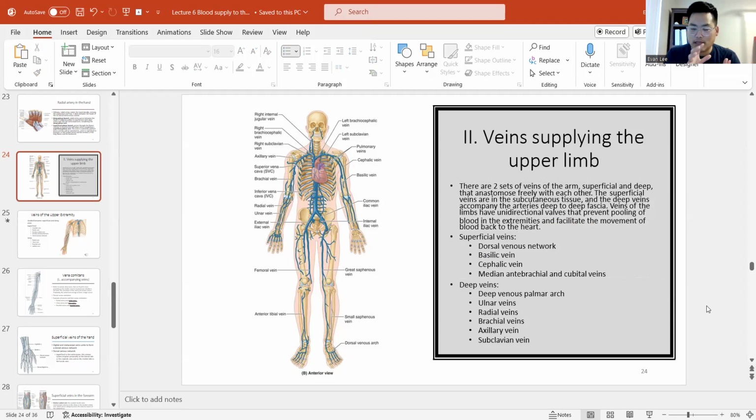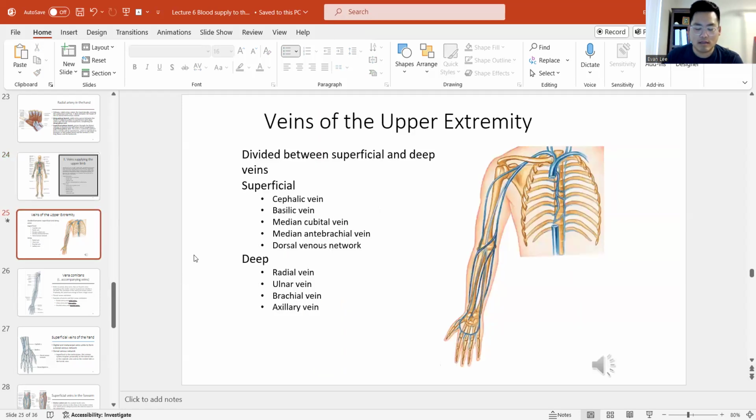There'll be a set of deep and a set of superficial, which makes it a little confusing at first. But just to be clear, the veins that you'll be able to see most clearly are going to be the superficial veins, while the deep veins are largely going to be following the arteries.